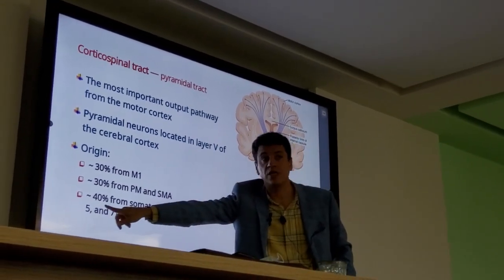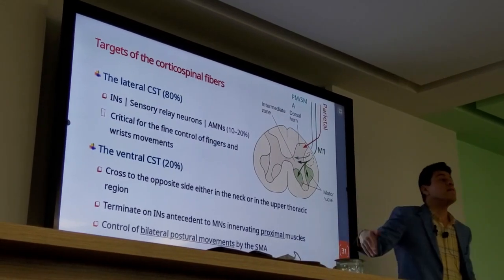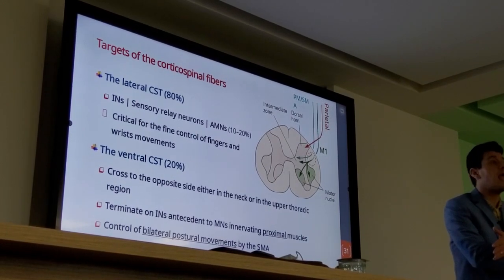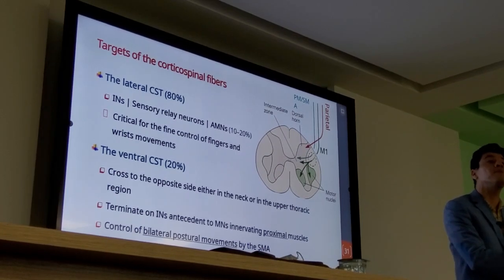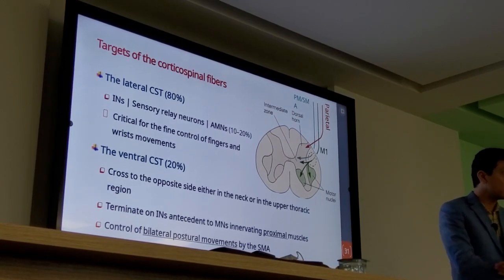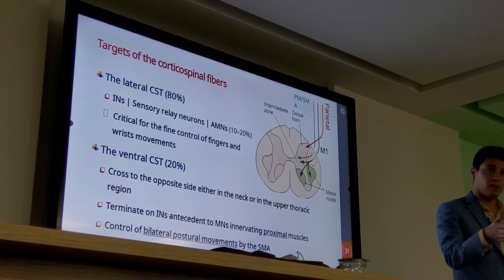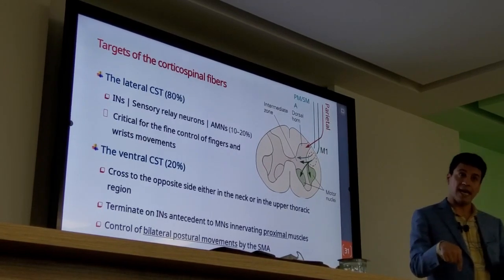40% of neurons originate from the somatosensory areas. In the medulla, we have cross of the fibers, right? 80% of neurons cross here in the medulla and they generate pyramids. So that's why we also call it pyramidal tract, right? 20% of neurons do not cross. So they go down on the same side, ipsilaterally.